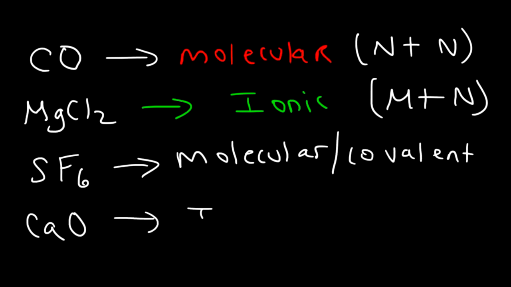Calcium oxide is ionic. Calcium, like magnesium, is an alkaline earth metal. It's in the second group of the periodic table, that is the second column. It's composed of a metal and a nonmetal, making it ionic. Now there is an exception. Ammonium chloride. Nitrogen is a nonmetal.